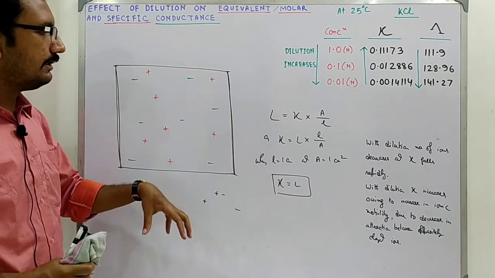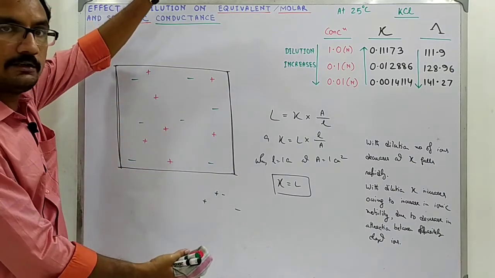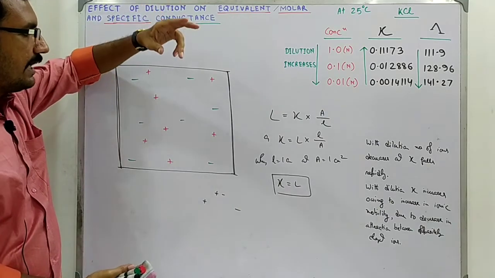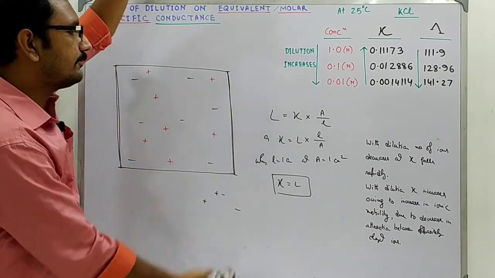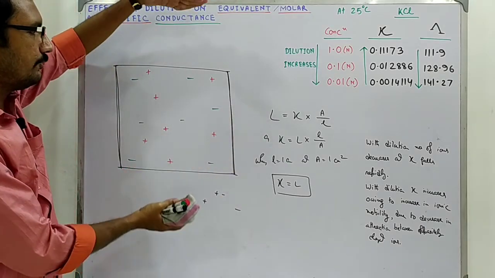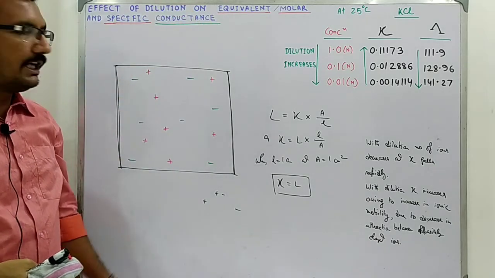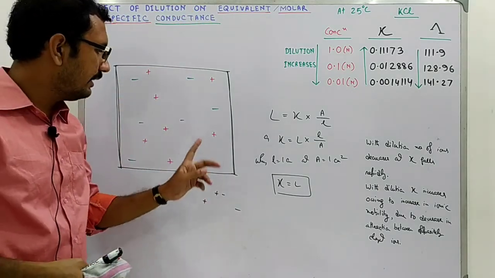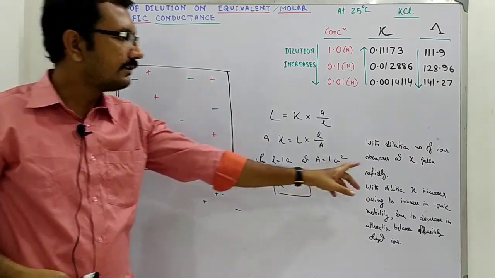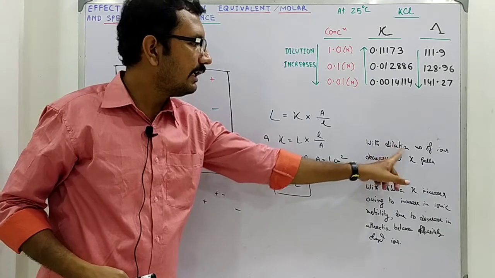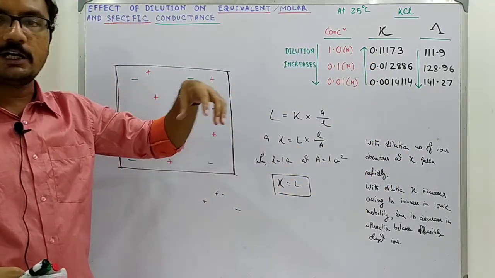So, if you dilute it, the volume of the solution is going to increase, and if I am dealing with equivalent conductance, I will increase the size of the electrodes accordingly so as to engulf that increased solution. So, here the number of ions is not going to decrease, it will remain the same. So, this factor is absent, that is, with dilution number of ions decreases. No, in case of equivalent conductance, number of ions remain the same.